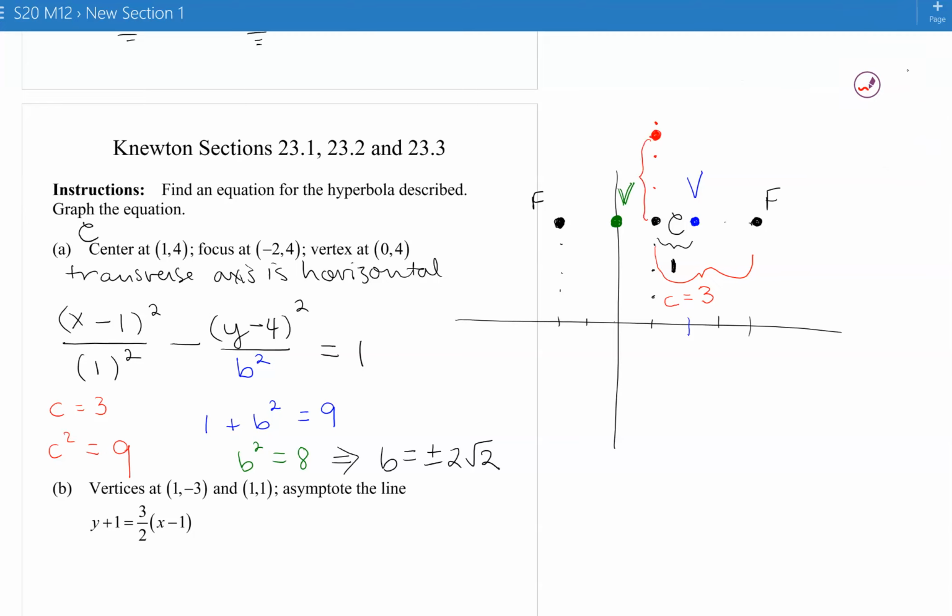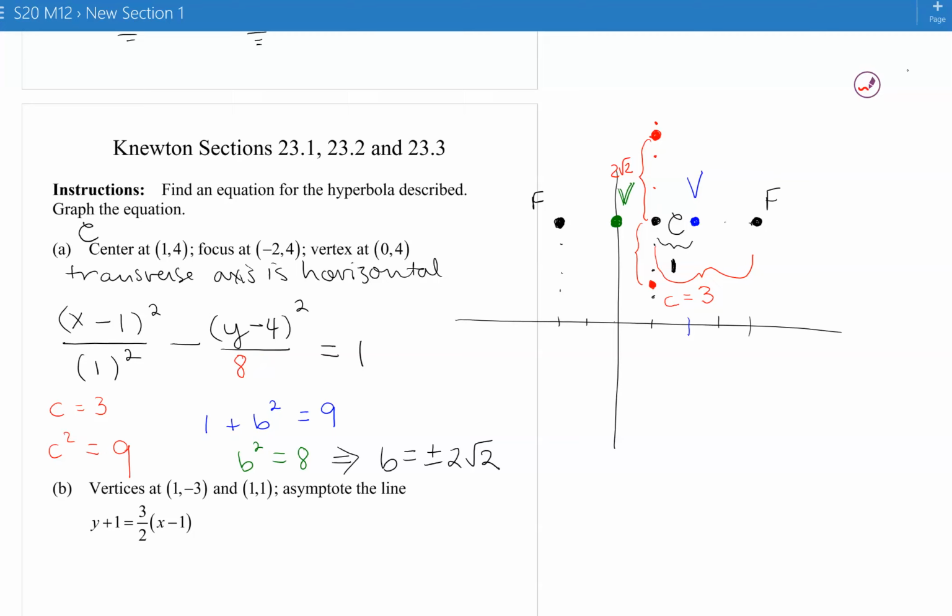And this distance is actually 2 root 2. So we know what the b squared needs to be. It's 8.